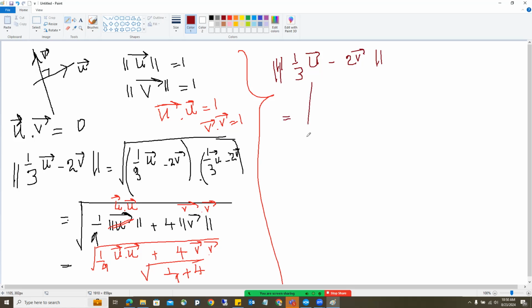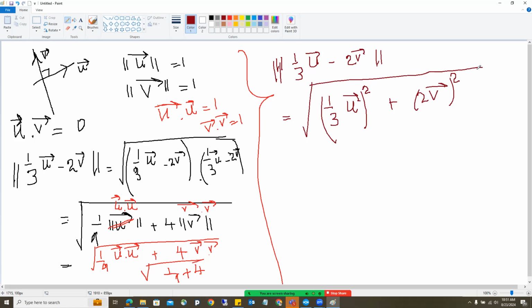Normally, if we go through the theories, how we define this one: 1 over 3 u's complete squared plus 2 over v's complete squared. Is it clear?